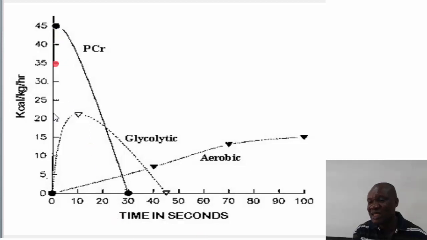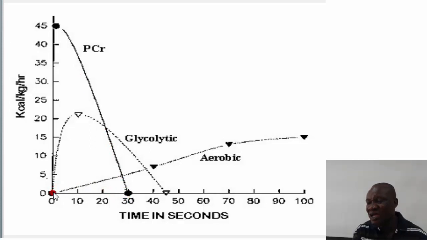For instance, if we look at this chart, at the onset of exercise, creatine phosphate will produce most of the energy. This is the energy, and that's the time. But within a short time, the energy produced will be depleted, comes to zero.